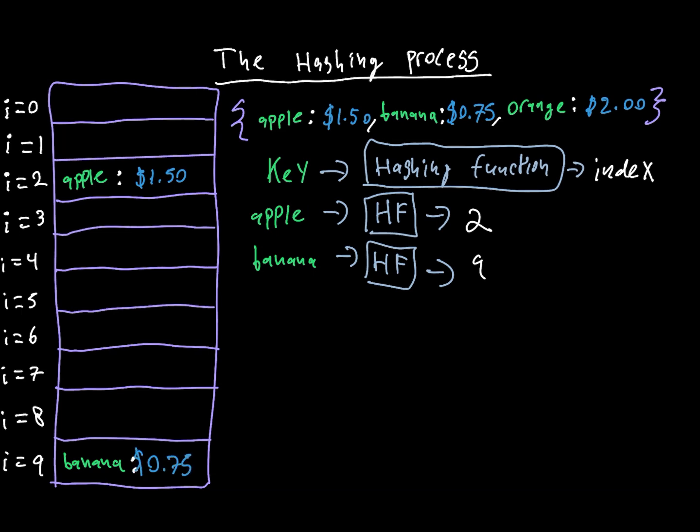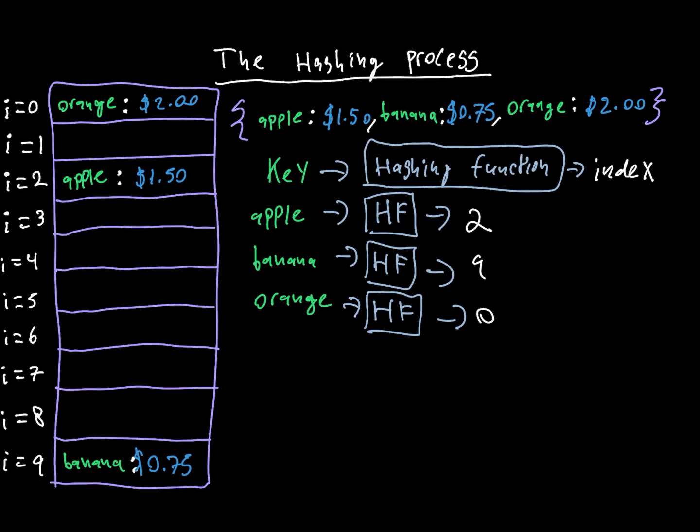We have orange, pass it into the hashing function. We get index 0. Orange is mapped to index 0 with key orange and value $2.